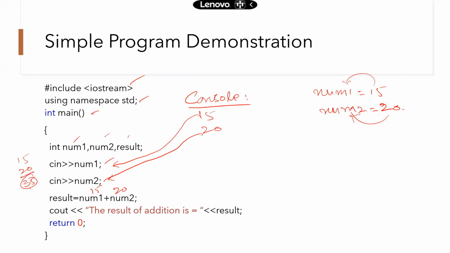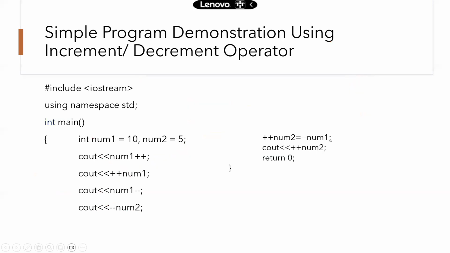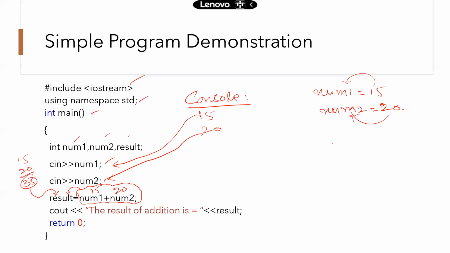Now this 35 is going to get stored over here in the result, because whatever resultant we get out of the addition of these two variables will be stored in the result, because there is an assignment operator over here. So the result is equal to 35.